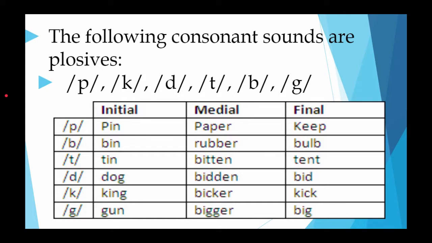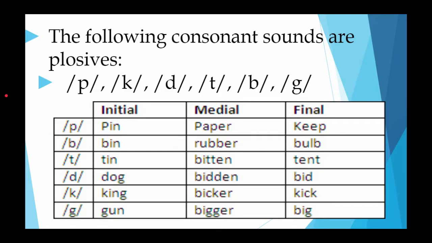So let's try to read each plosive consonant sound. For the first one, P, we have the initial P in pin. Then we have both initial and medial P sound in the word paper. And we have the P sound in the final or at the end of the word keep.